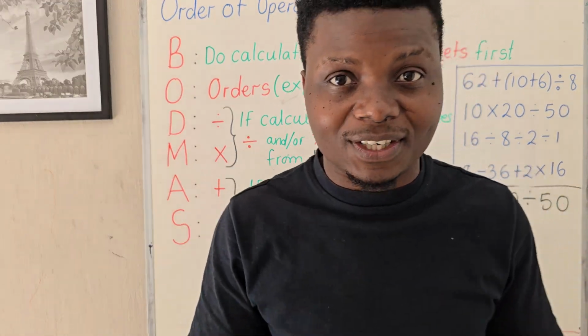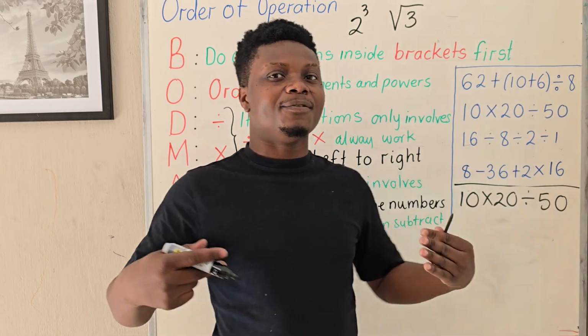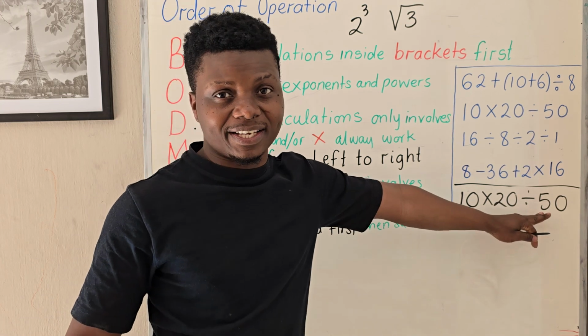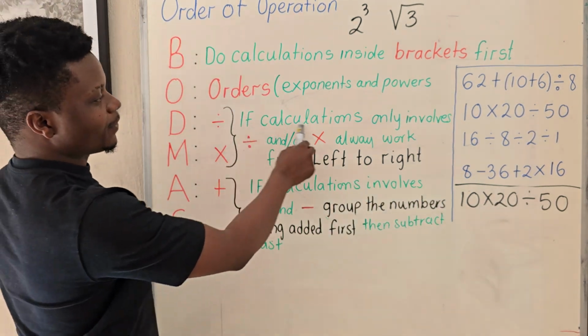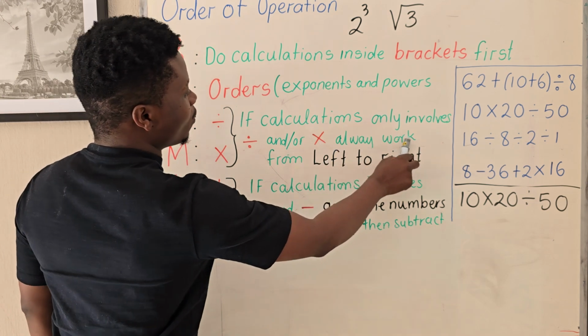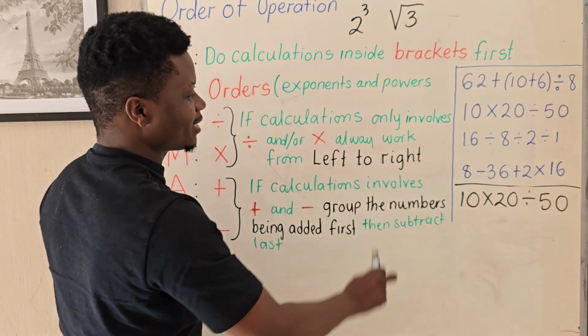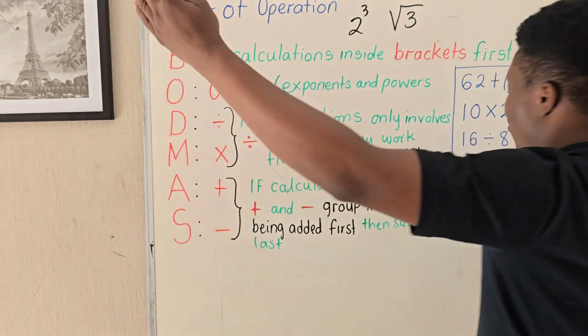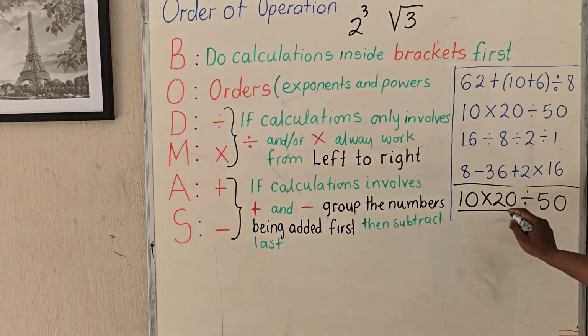Which one comes first? Most of us would think division comes first, but when they are next to each other, multiplication and division, we say if calculations involves division and or multiplication, always work from left to right. So who's on the left first? This is my left hand, so on my left I have my multiplication right here.